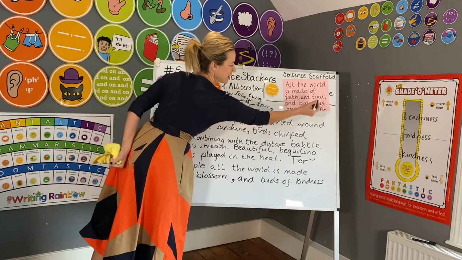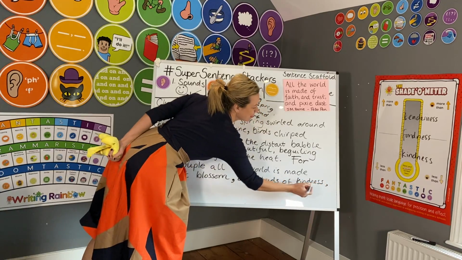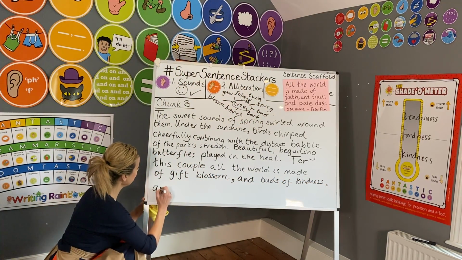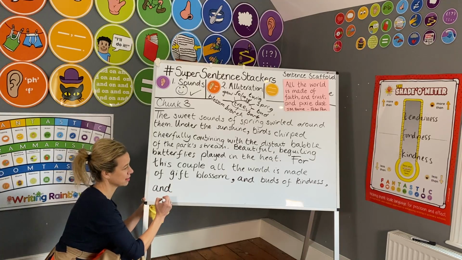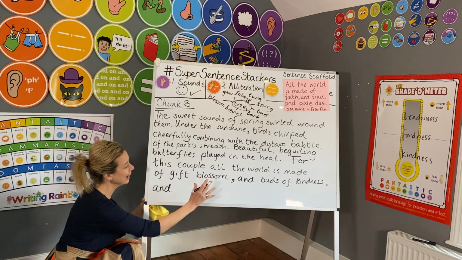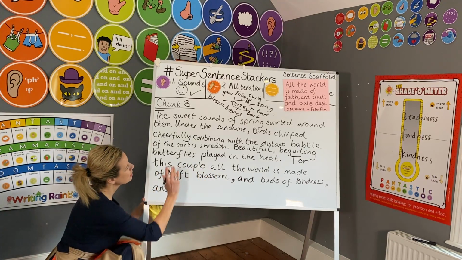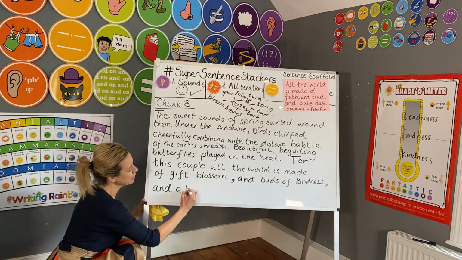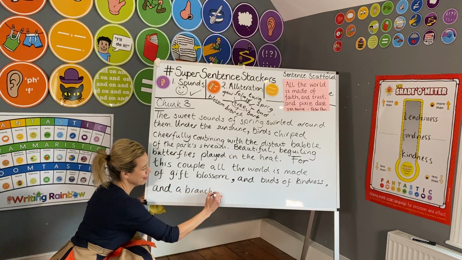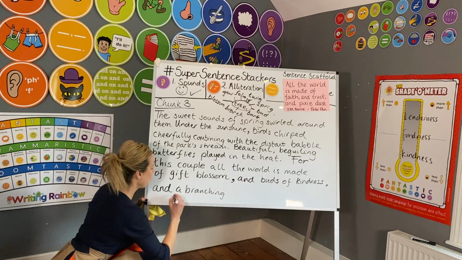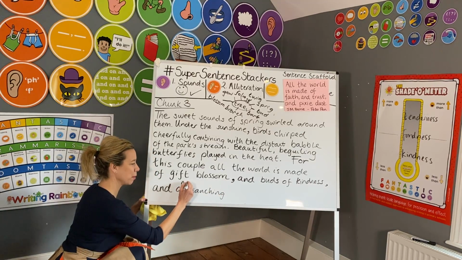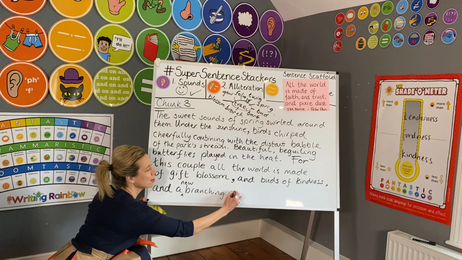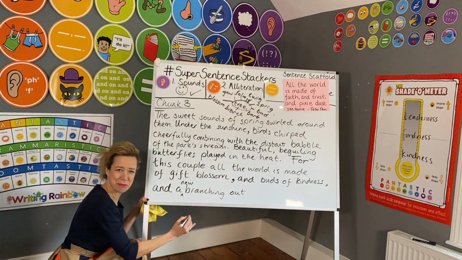And I'm going to take that comma, and then I'm going to finish. Now I don't want pixie dust, but I might want to lean on some of these tree words and a branching out. Branching, oh, and a new, that'll be better, and a new branching out of friendship.